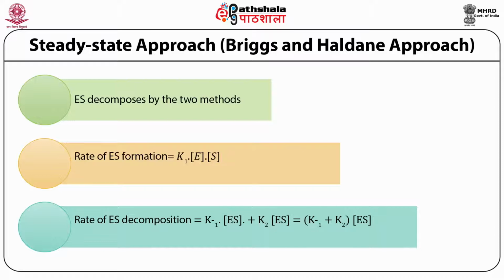Why are we taking both here? Because there are two ways for the ES complex to decompose. One via K minus 1 back into the substrate and enzyme, and the other via K plus 2 into the free enzyme and the product. So if you take ES common from both, the rate of ES decomposition is equal to K minus 1 plus K plus 2 into ES.